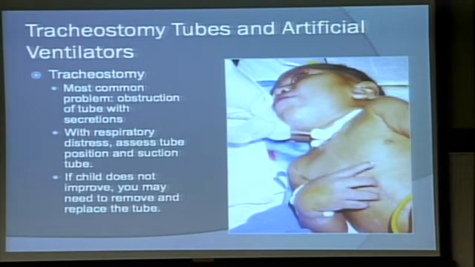Special healthcare needs. We've got a little bit of that around here. Tracheostomies. The most common urgent problem with a kid with a tracheostomy is that the tube gets obstructed with secretions. Assess tube position, suction the tube. If it doesn't improve, you may have to remove and replace that tube.